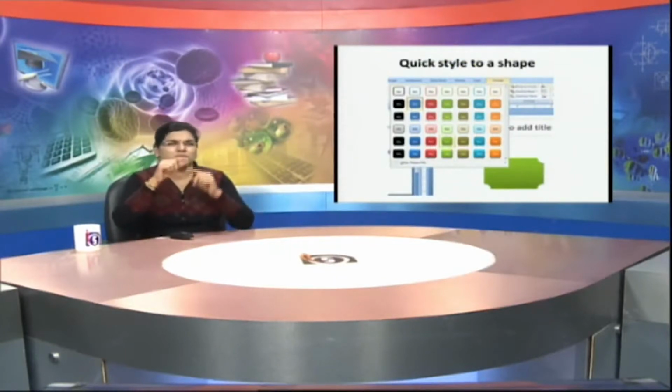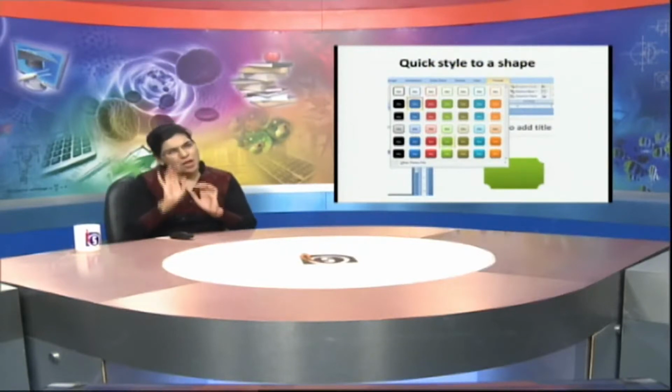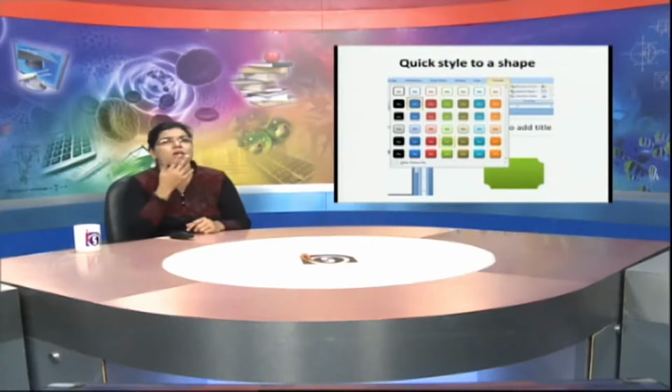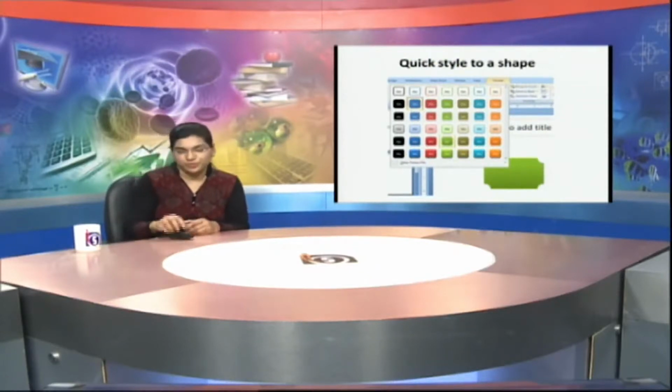Now you see quick style to a shape. Giving styles to the shape by giving color effects, you can select whichever you like. So you see, you can also see the quick styles for your text.